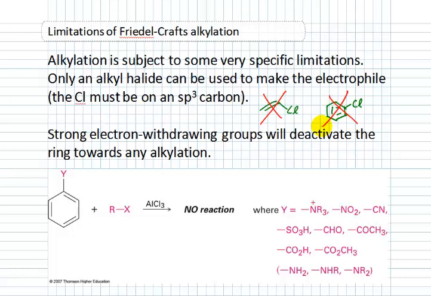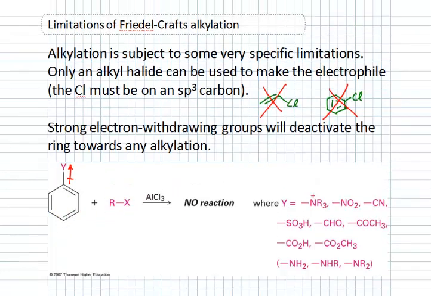If we have a strong electron withdrawing group on the ring, that will deactivate the ring towards any alkylation. So if I have some sort of group that's pulling electron density out of the ring, the aromatic ring is now not nucleophilic enough. It doesn't have enough electron density to go out and attack the electrophile. So electron withdrawing groups, we'll get to those in a moment. For now, let's consider anything with a plus charge right by the ring.